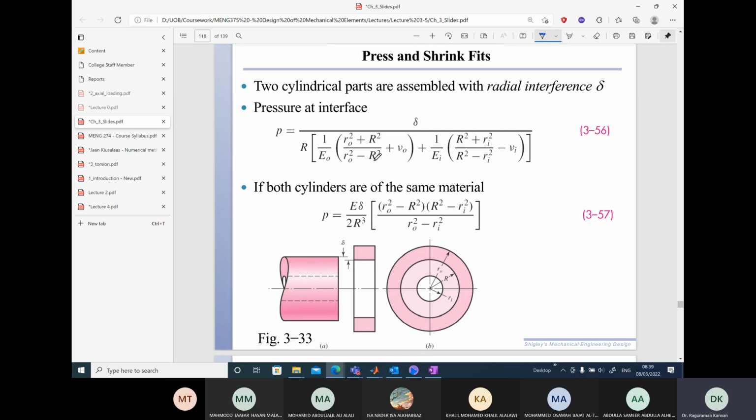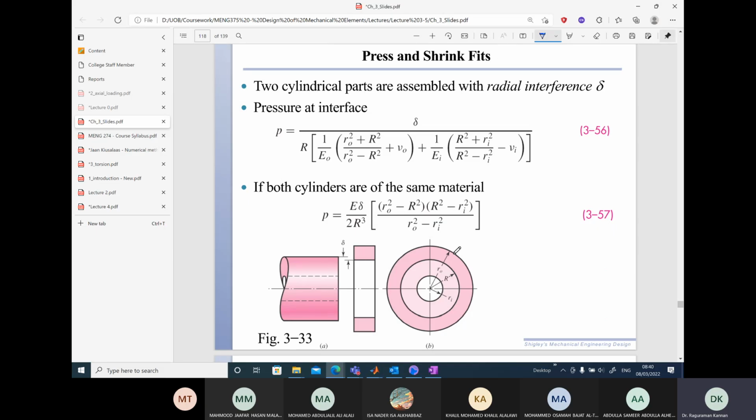If delta is the difference between the radius of the shaft and the inner radius of the bearing, for example, then based upon the delta value we can evaluate here. So here you can see R refers to the radius of the shaft.